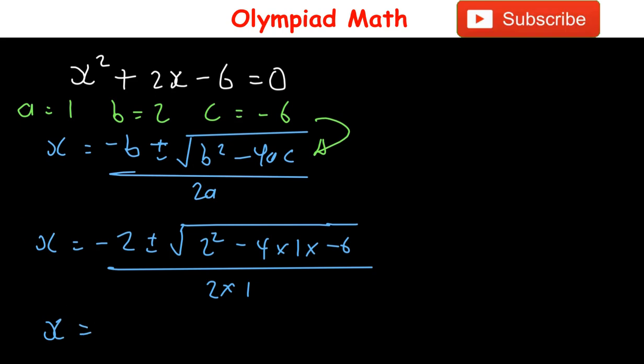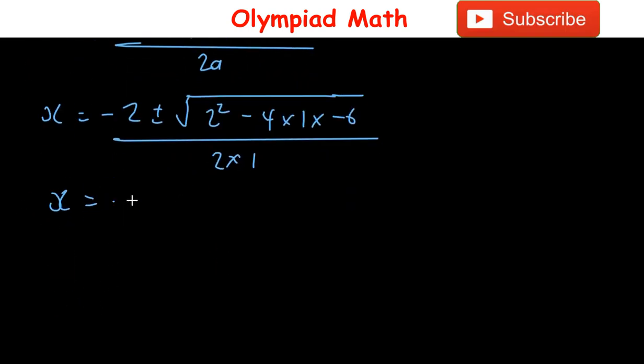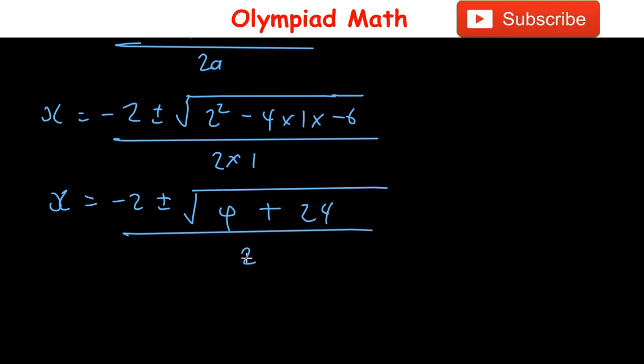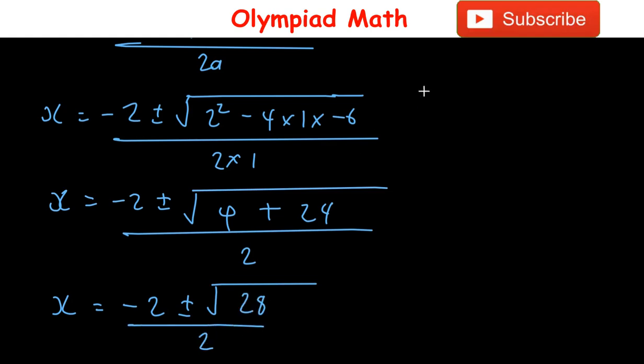So x is equal to minus 2 plus or minus square root of 2 squared, which is 4, minus 4 times 1 times minus 6, which equals plus 24, divided by 2 times 1, which is 2. x is then equal to minus 2 plus or minus square root of 4 plus 24, which is 28, all over 2. So x is then equal to minus 2 plus or minus square root of 28, which can be written as 4 times 7, divided by 2.